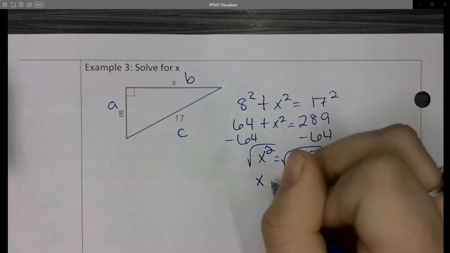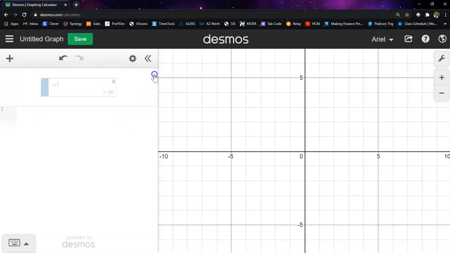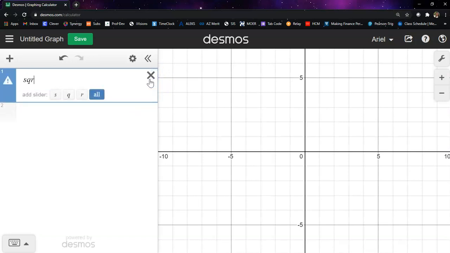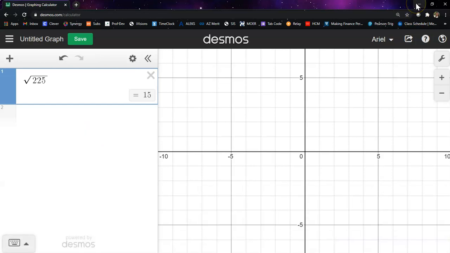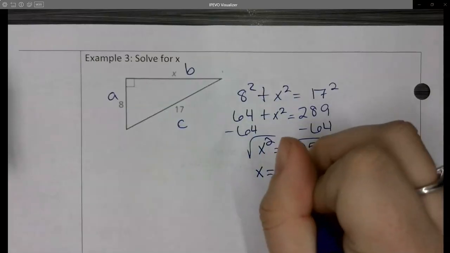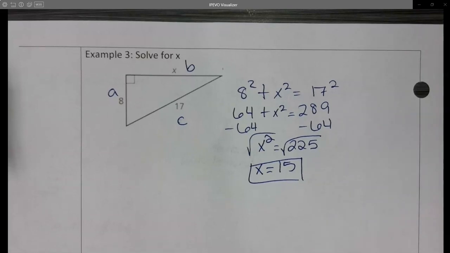Which is going to get me x equals, I'm going to show you how to do this just so I show you how to type it in Desmos again. So, again, you can type SQR and the letter T and then do 225, or I could hit the keyboard option down here and then click the square root. But the square root of 225 is 15. Questions on number 3?